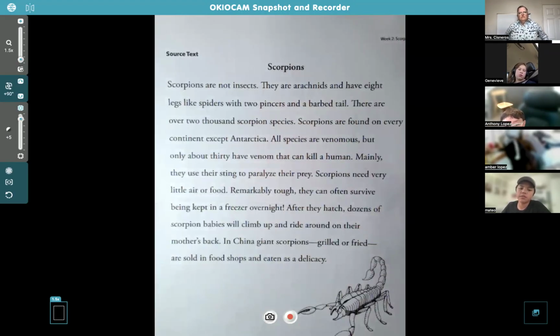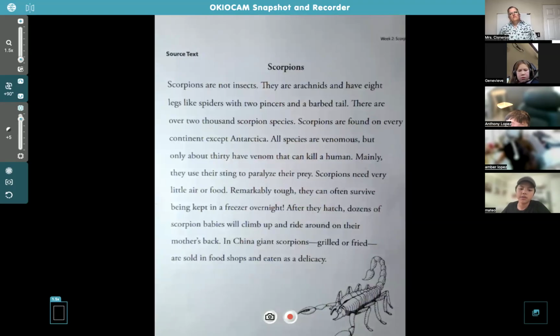Scorpions are found on every continent except Antarctica. All species are venomous, but only about 30 have venom that can kill a human. Mainly, they use their sting to paralyze their prey.